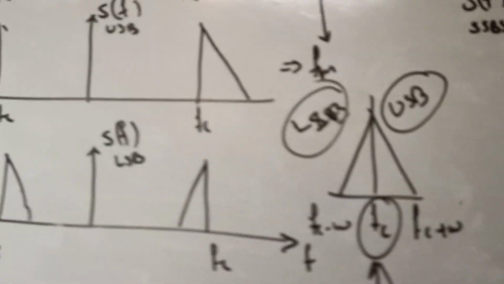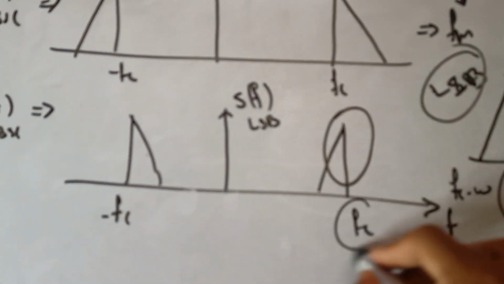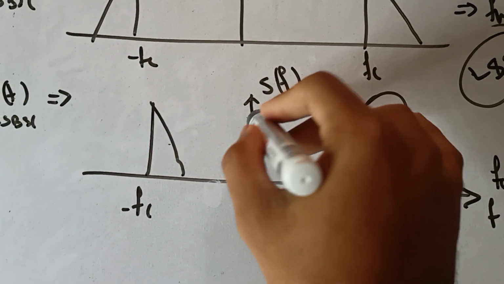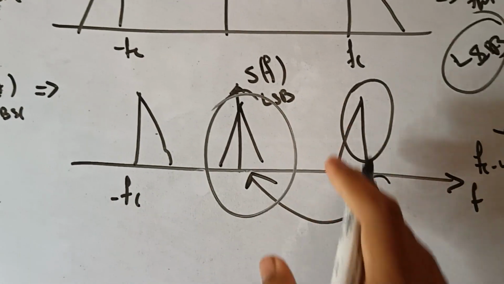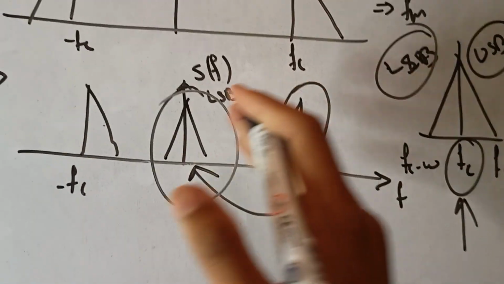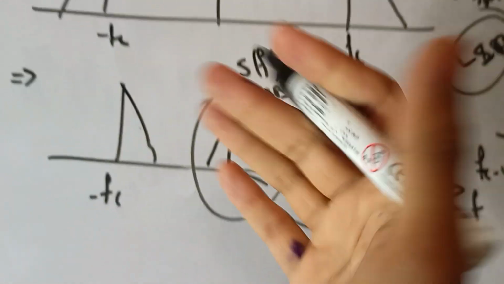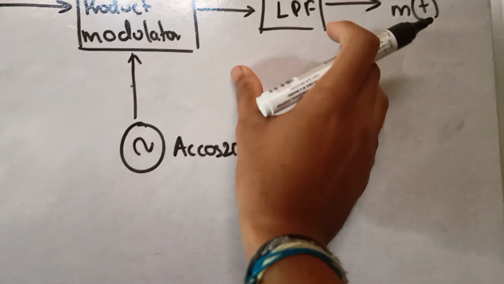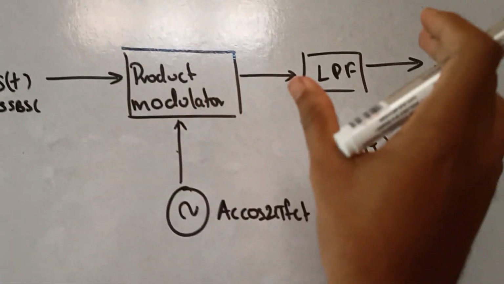In this LPF, what it's going to do is identify the message component, which is at lower frequencies, and neglect anything which is at higher frequencies. So the LPF aims to extract the message signal which is at lower frequencies.